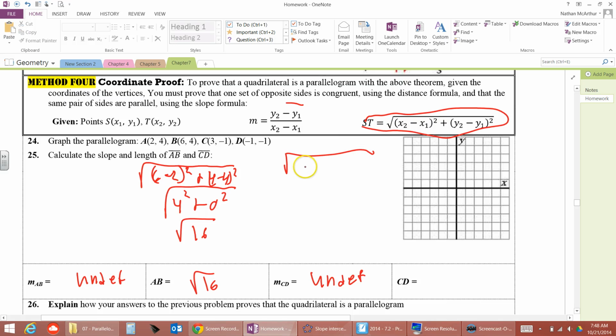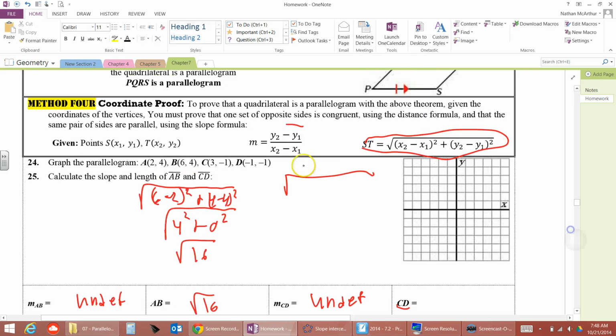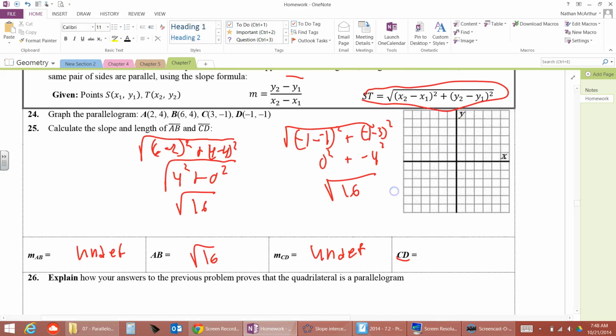So now I'm doing the distance of CD. So I say negative 1 minus negative 1 quantity squared plus negative 1 minus 3 quantity squared gets me negative 4 squared plus 0 squared gets me the square root of 16.